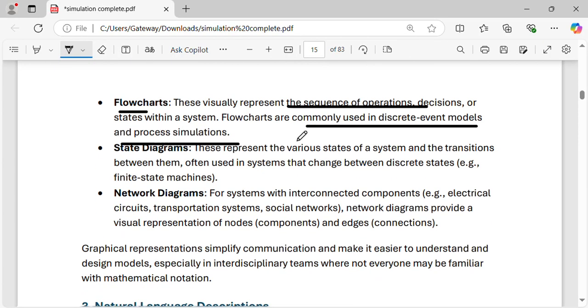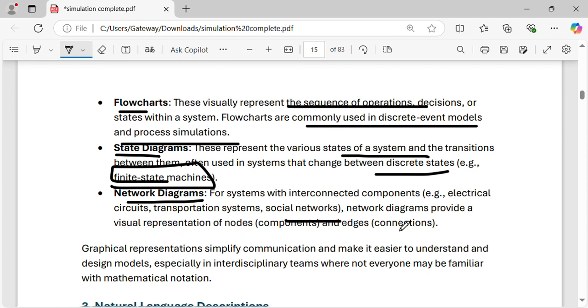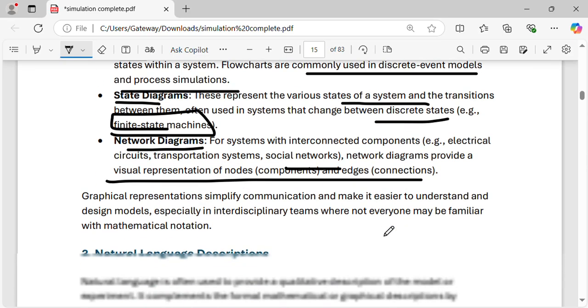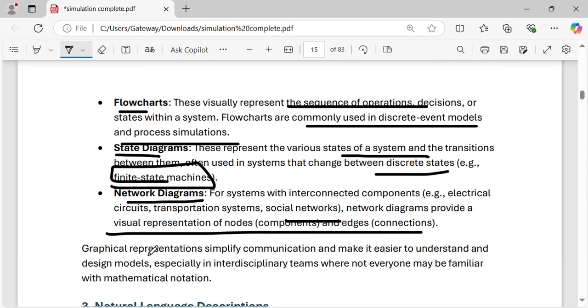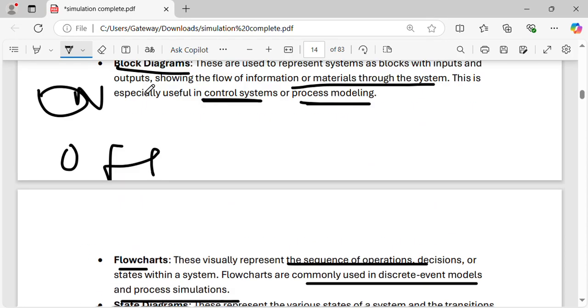You can use flowcharts to represent the discrete events and process simulations, and state diagrams that represent the various states and the transitions between them. They also do it between discrete states, like finite state machines. Network diagrams are for systems with interconnected components, electrical circuits, transportation systems, social networks. They provide a visual representation of the nodes, right? So you can graphically represent your data.